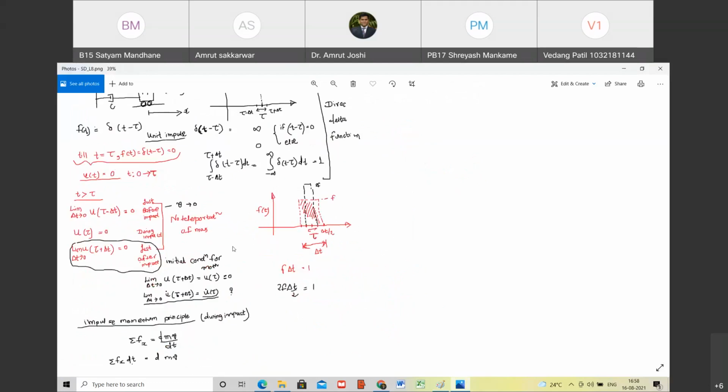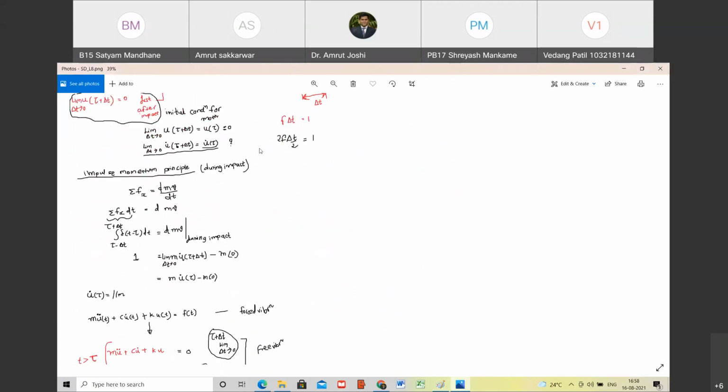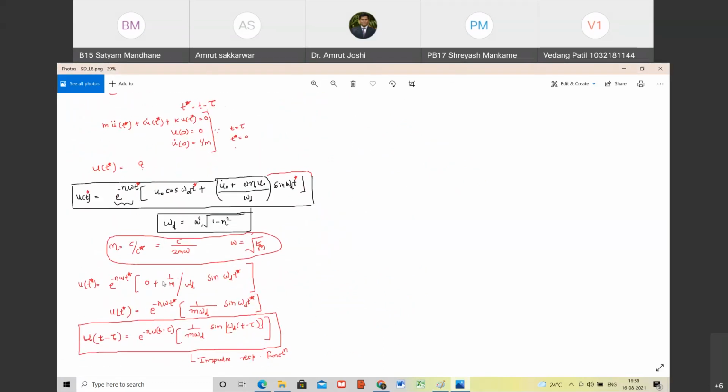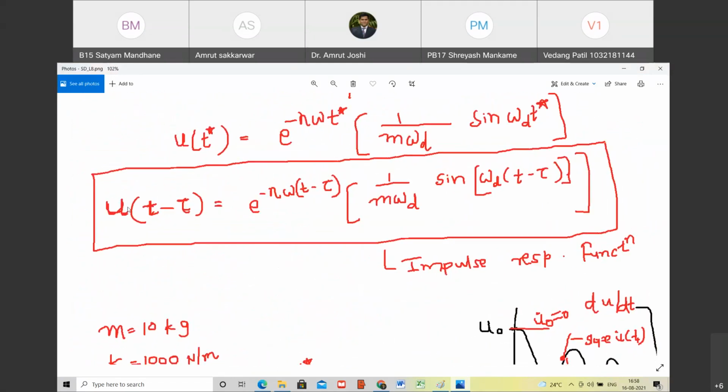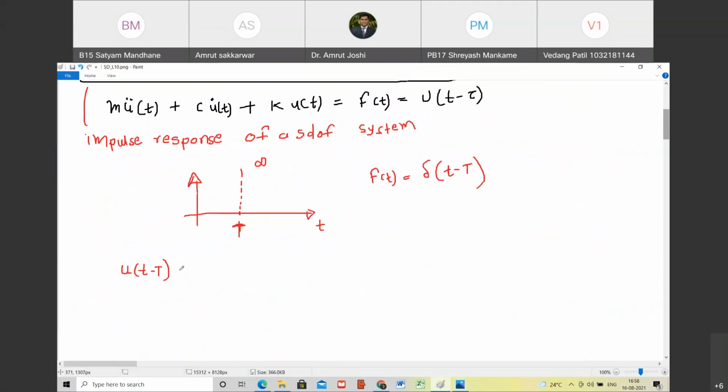Like here, see, we had written u of t minus tau. Yes, sir. But at tau I am now going to call it as capital T. So u of t minus capital T is equal to e raised to minus eta omega (t minus T). Happy?